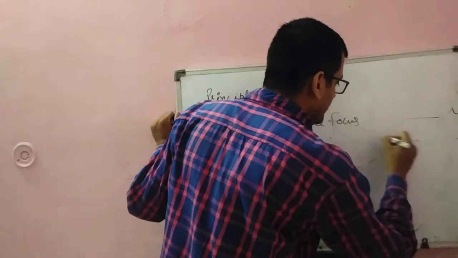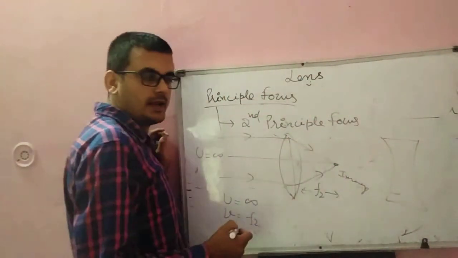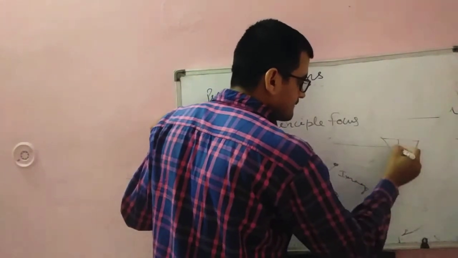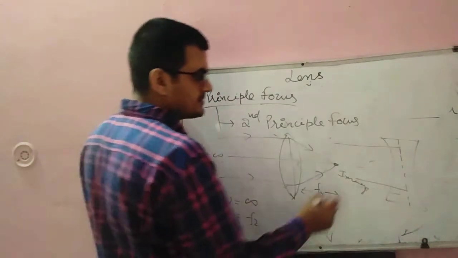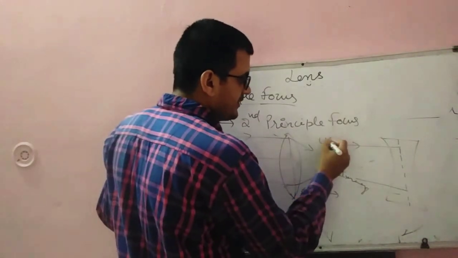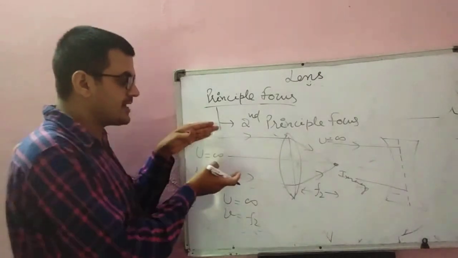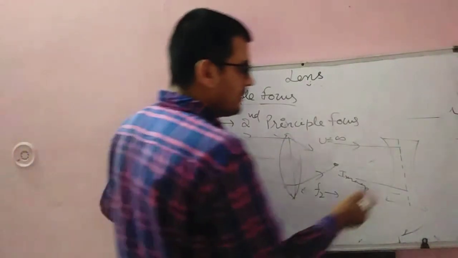So how will I draw this diagram for concave? This object is at infinity. Why? Whenever the object is placed at infinity, rays of light always come parallel. So what will happen?